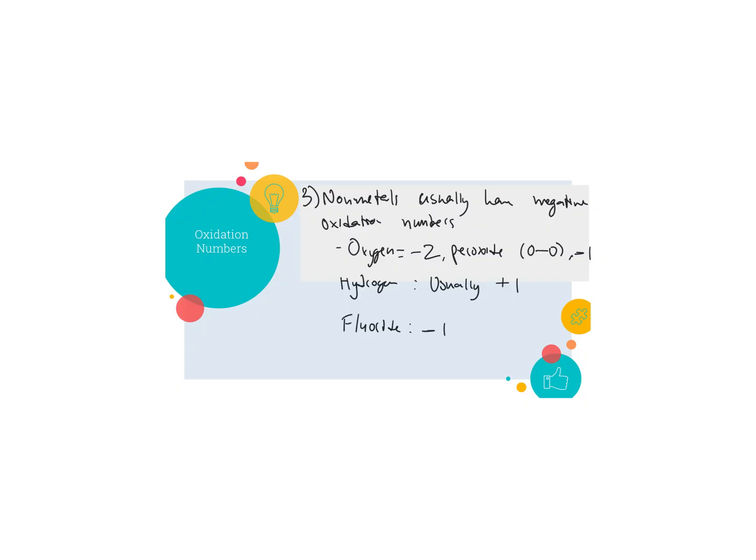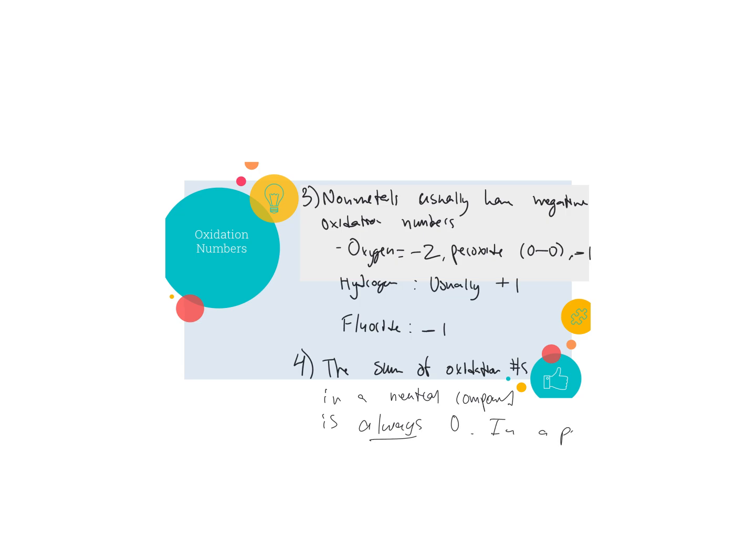And then arguably the most important rule: the sum of oxidation numbers in a neutral compound is always 0.